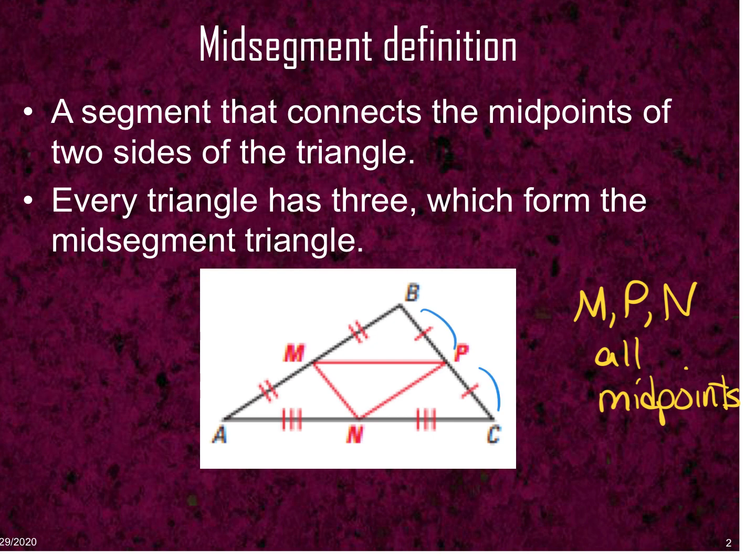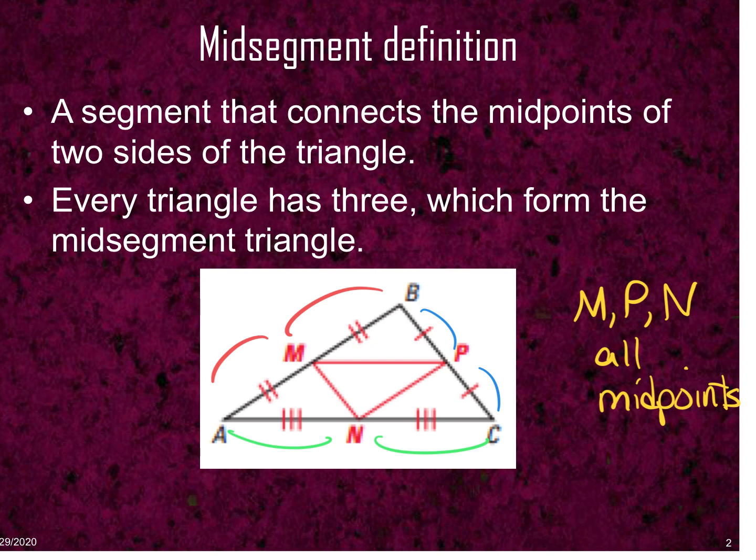So you can see how point P split BC into two congruent pieces. Same thing over here, AN is congruent to NC because N is the midpoint. And then the same thing over here, M is the midpoint, so it created two congruent segments of AM and MB.